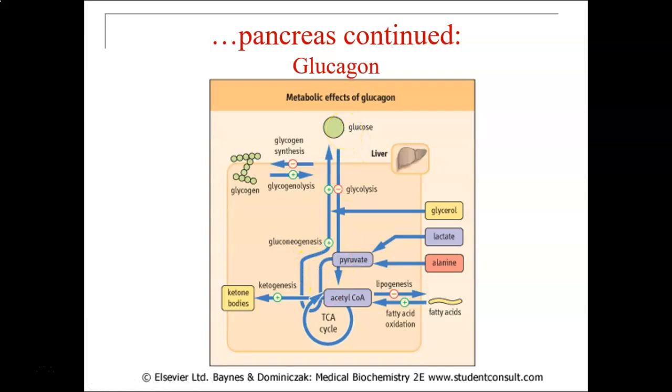So if I want to elevate blood glucose levels, I don't want to continue to produce ATP at elevated levels. Therefore, glucagon can stimulate the conversion of acetyl-CoA, kicks it out of the mitochondria, and eventually that acetyl-CoA gets converted into a fatty acid.